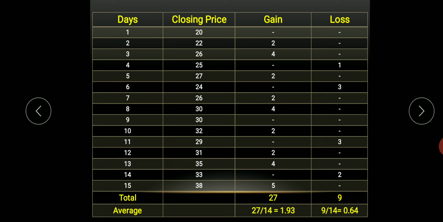Once you have calculated the gain and loss of all the days, you can sum them up. The total gain is 27 and the total loss is 9.